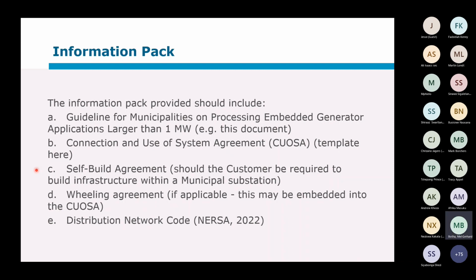So what the customer then does is say, instead of paying you to do the final design and procure the equipment and the construction and all of that, we will do it because we've got teams who can do a lot of this work very quickly. So the customer says, I'm going to build your infrastructure. And ownership actually transfers to the distributor once it's signed off by the distributor.